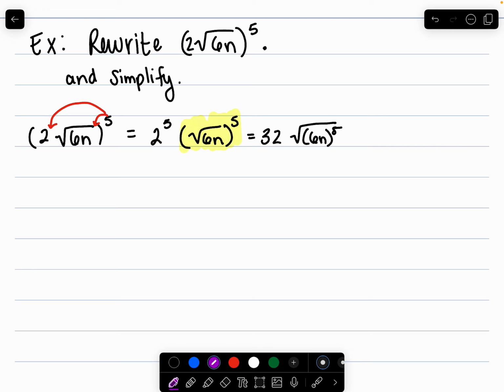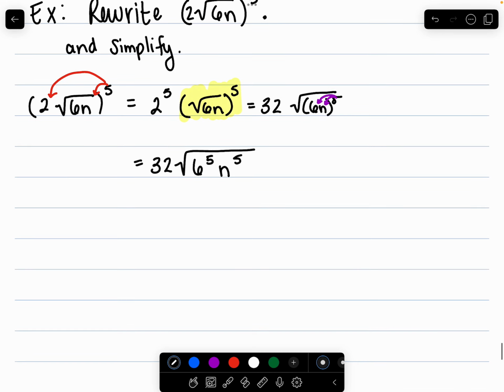Okay, from here you distribute your exponents. So we end up with 32 square root of 6 to the 5th and n to the 5th power. So here we distribute the exponent.